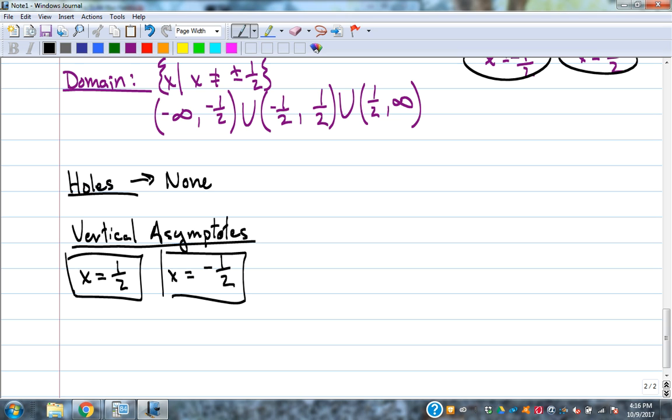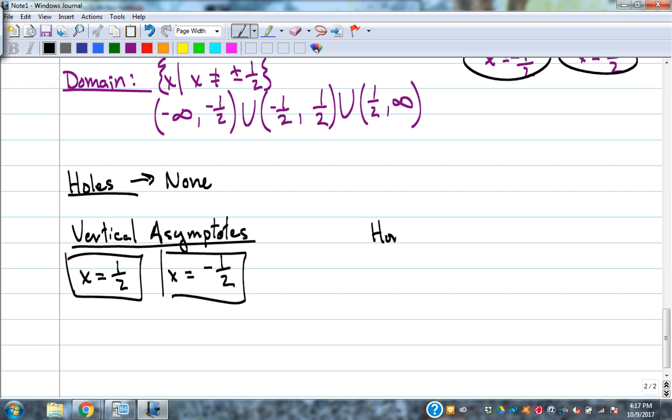So that's why the simplifying has to happen before you start finding those. Okay. All right. Now, originally, what was the degree of the numerator and the denominator? 2 and 2, right? Both of them were squared. Does that mean it has a horizontal or an oblique or neither of those? Horizontal. If the degrees are the same, there's going to be a horizontal asymptote.